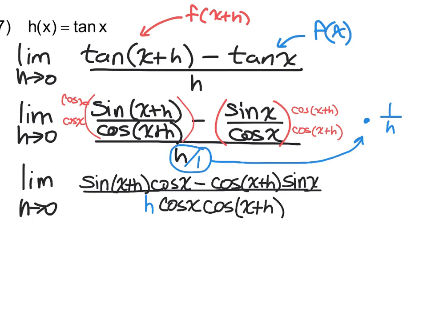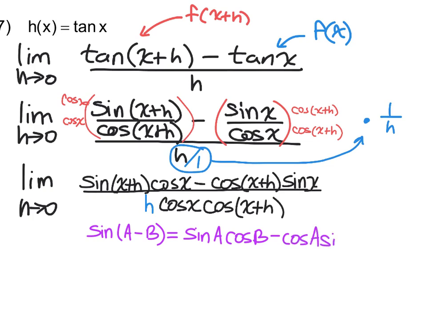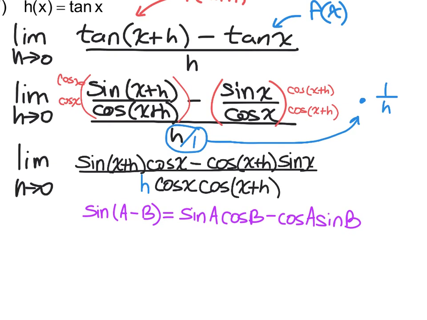All right? So just going back to the sine difference rule, it's sine of a minus b is equal to sine a cosine b minus cosine a sine b. All right, this numerator seems to be the expanded form of that rule.